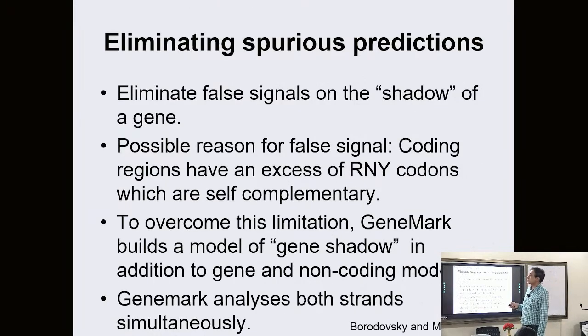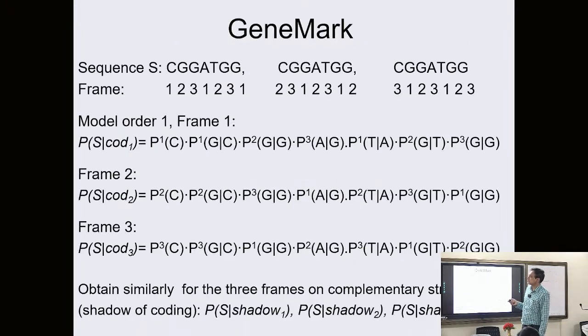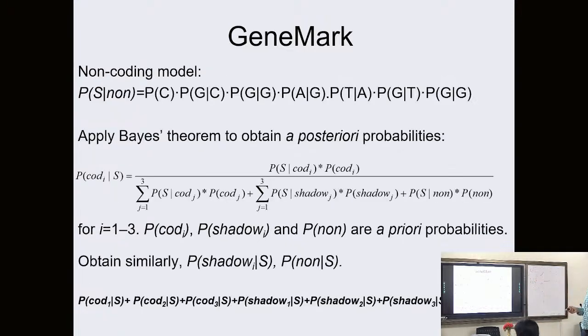Okay, so I think we discussed this. So now how many models will be there? 3 models for coding, 3 models for the shadow of gene, right? So how many? 6, and 1 for non-coding, total 7. So when 7 models were used, of course you compute the posterior probabilities of these 7.